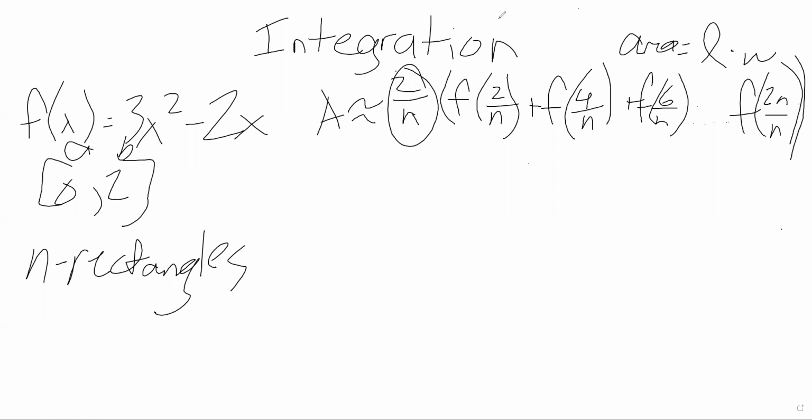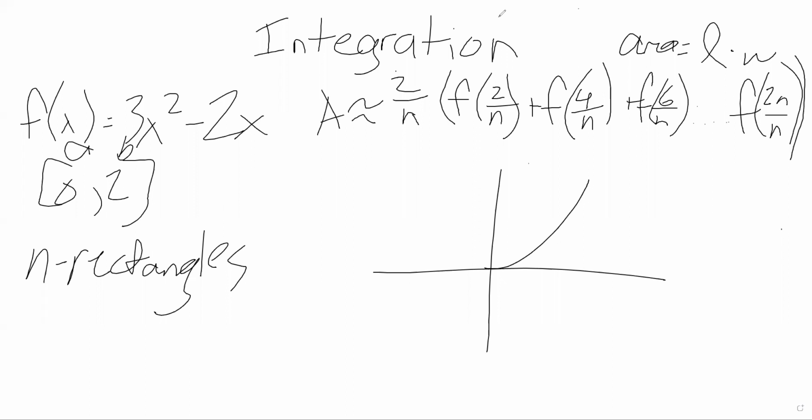Now, let me explain this a little bit further because that's probably confusing to you guys. If you have a graph and you're given something like this and you want to find this value, and you know that each of these is 2 over n, 2 over n, 2 over n, like we had before, where this is 0, when trying to find this length, all you have to do is take the x value for this.